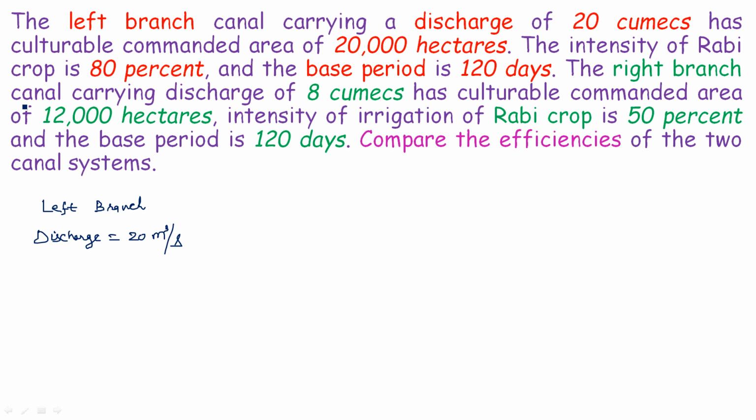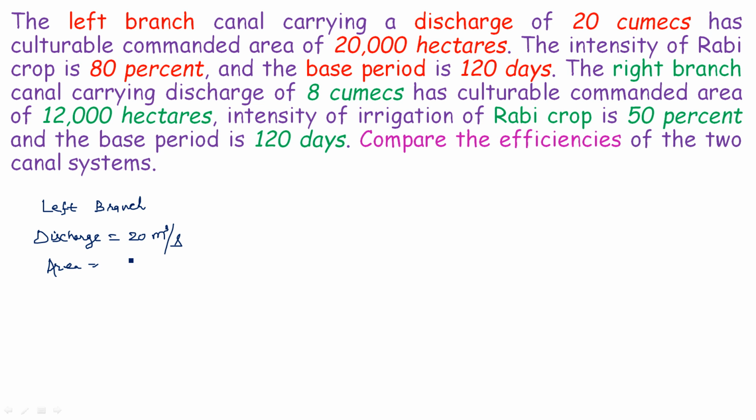It has a culturable command area of 20,000 hectares. Now the intensity of Rabi crop is 80%. Since the culturable command area is 20,000 hectares but the intensity of Rabi crop is 80%, it means 80% of the land requires water.